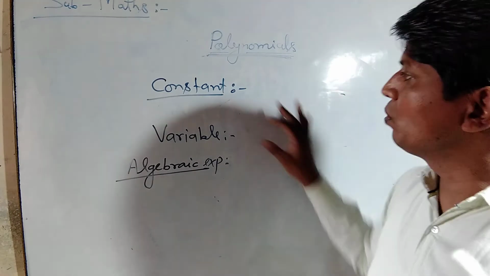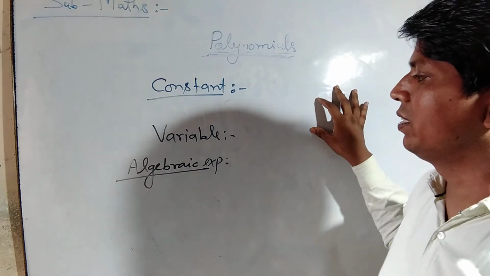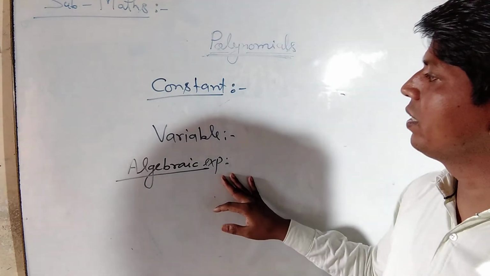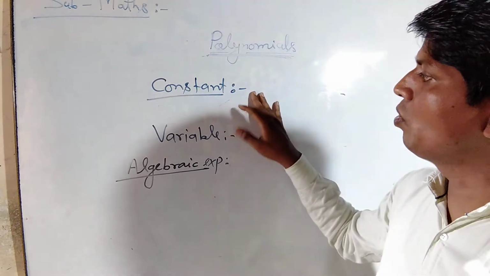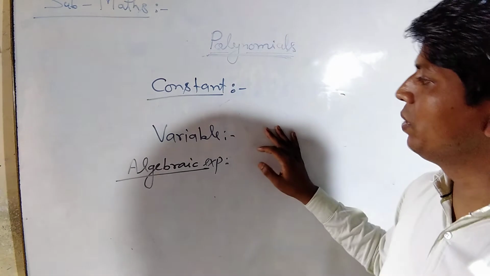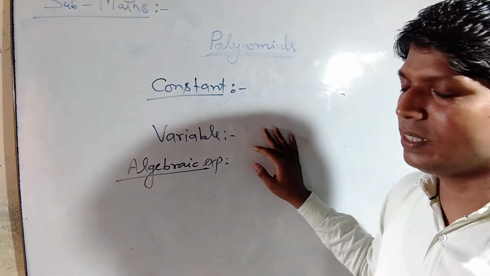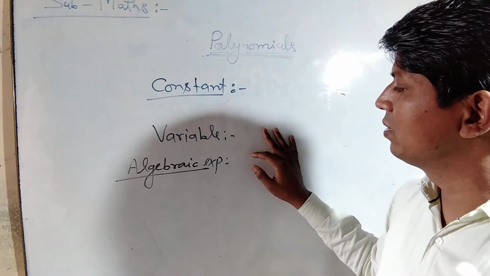Is it clear? It means constants and variables connected with mathematical operators such as multiplication, division, subtraction and addition is called an algebraic expression.